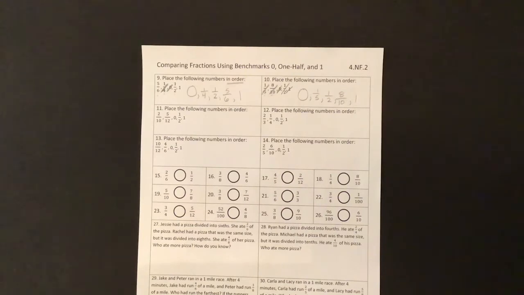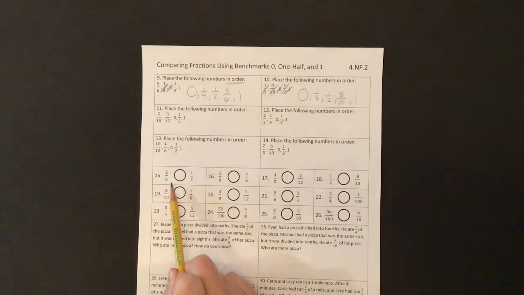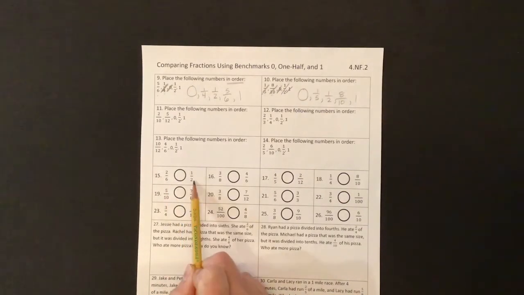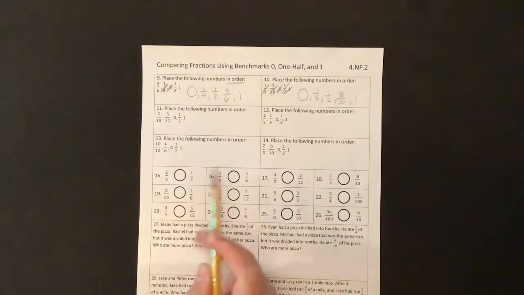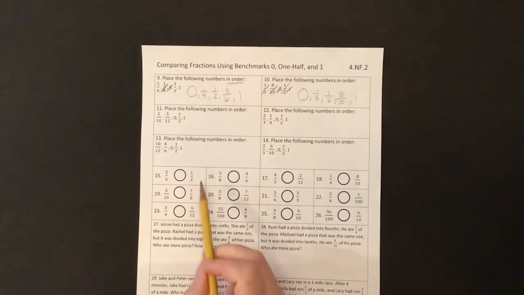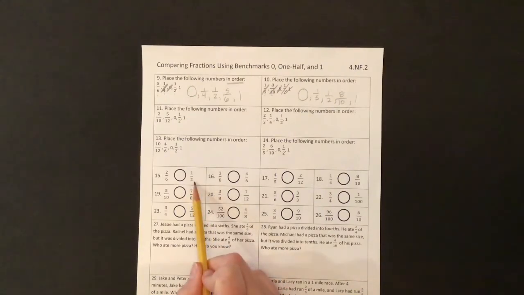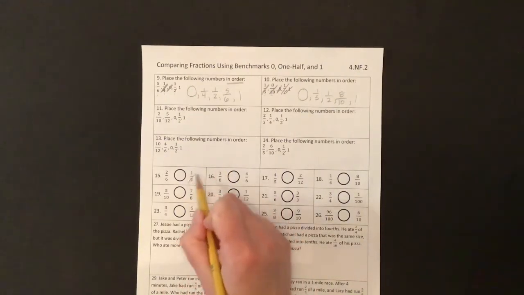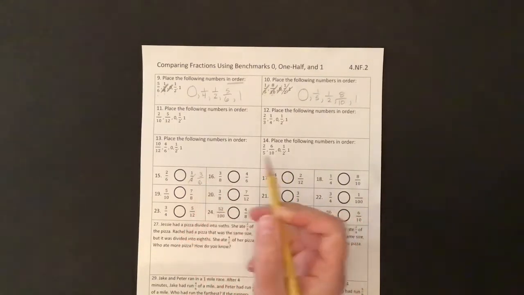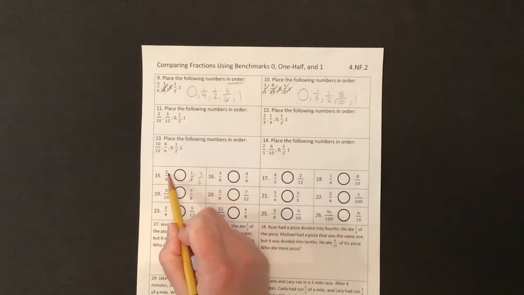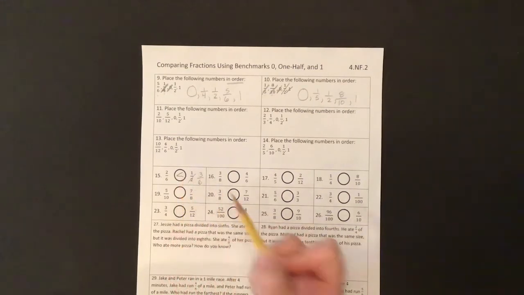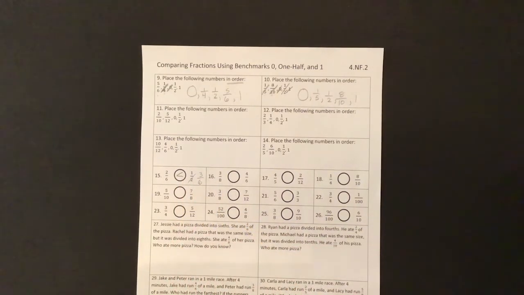Okay, number 15. 2/6 compared to 1/2. How many sixths does it take to make a half? It takes 3/6. So we know that 2/6 is less than 3/6. Number 16, 3/8 compared to 4/6.